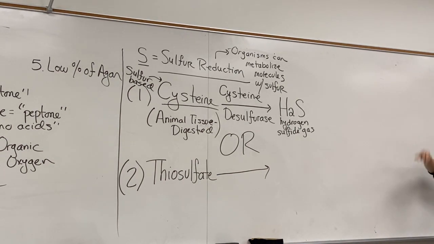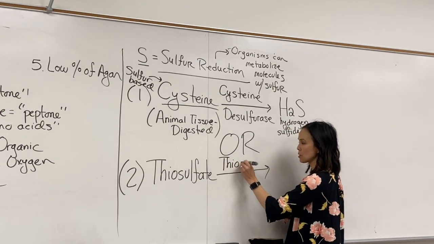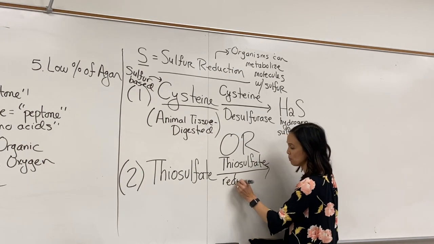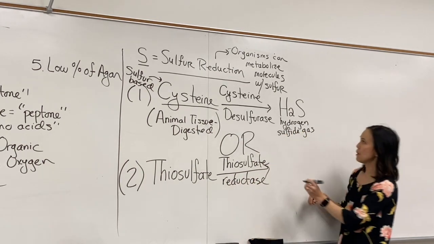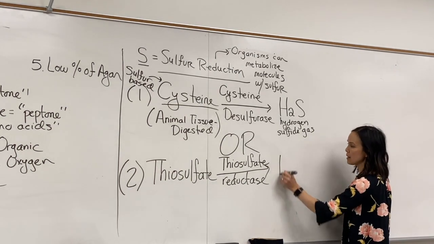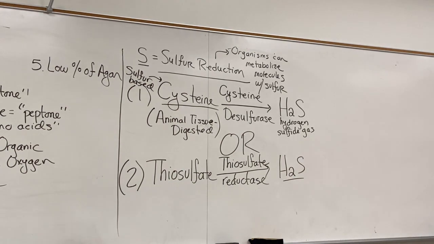It's technically a different enzyme though, so we've called it thiosulfate reductase. But the end product is the same though. So hydrogen sulfide gas. So we end up with actually the same end product.